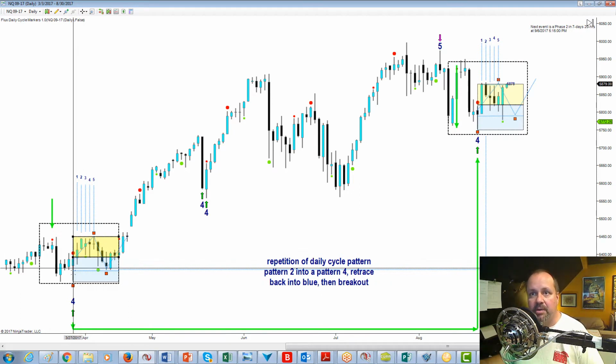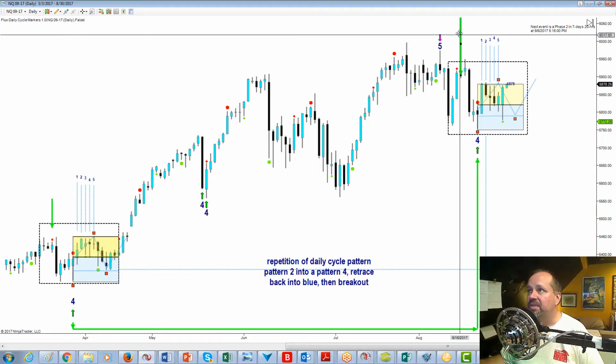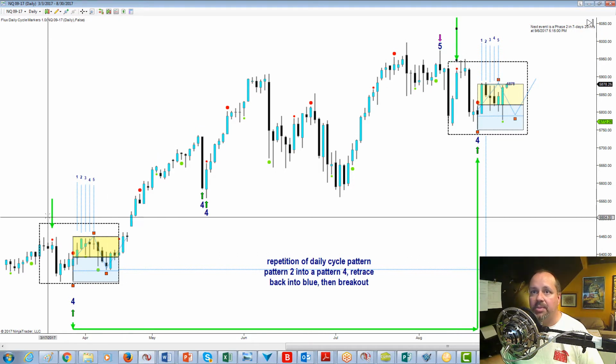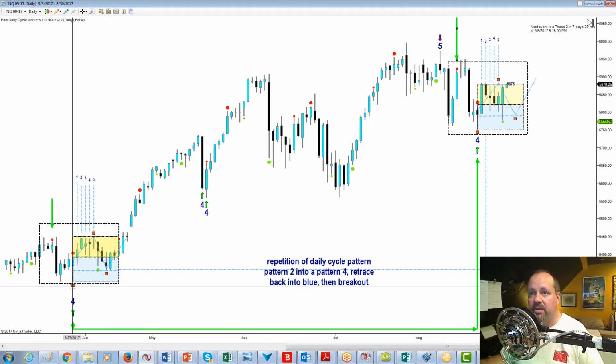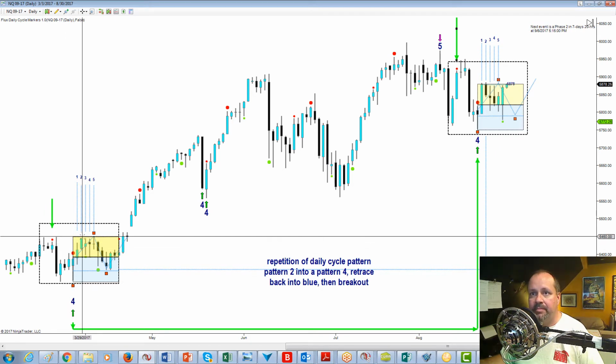The blue box was where the phase 4 took place, that big double bottom where the chair was, right? And the whole thing started with this little red dot up in the corner. We come down to the phase 4, and then it pushes up to the top of this yellow rectangle.